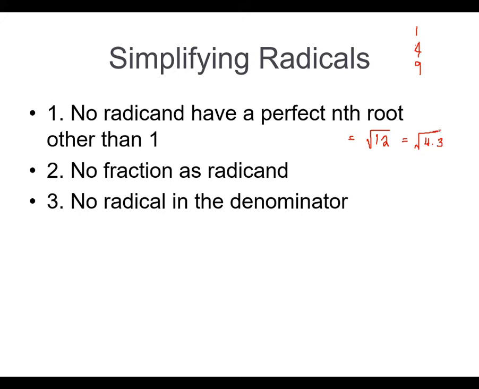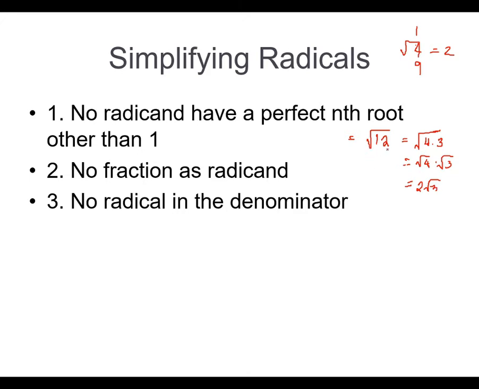So doon tayo babawa sa 4. Then square root of 4 is 2. So pwede nating i-separate si 4: square root of 4, square root of 3. So that is 2 square root of 3.